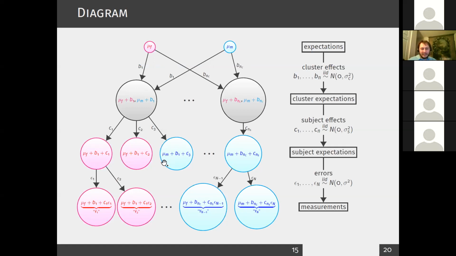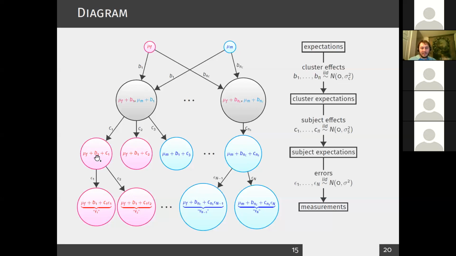Student 3 is a male from school 1. His expected SAT score is the male average plus the effect associated with his school, plus the effect associated with him personally. He's got some expected SAT score, and so on.